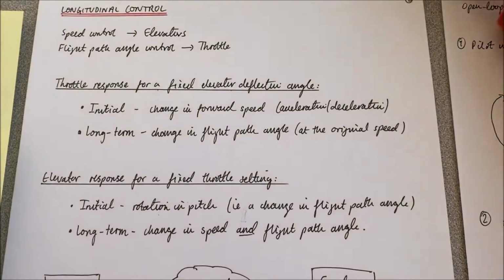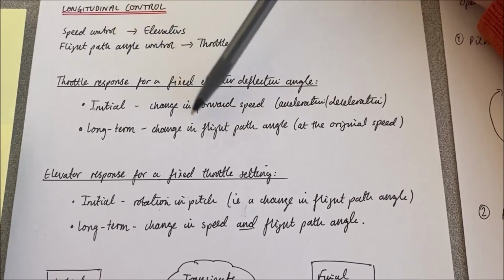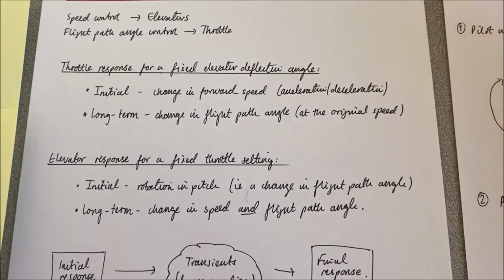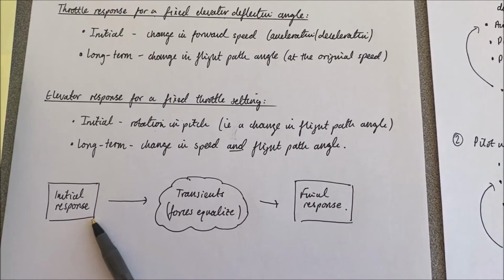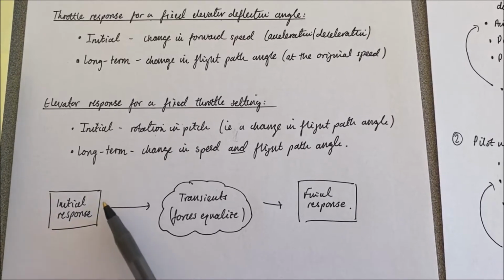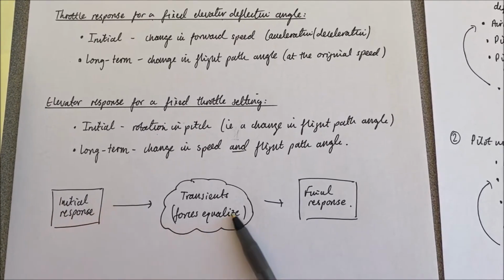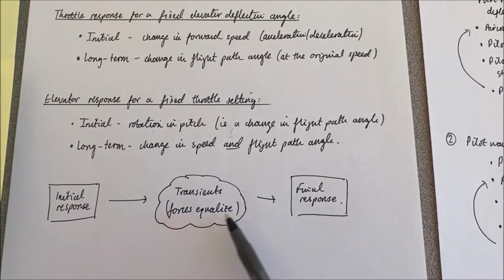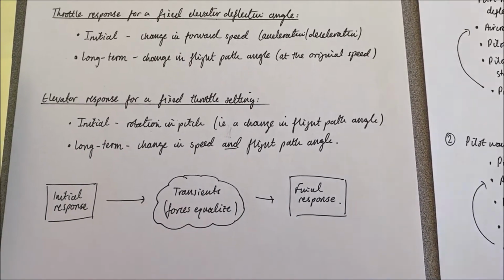So you can see here we have two control surfaces, two things we'd like to control, and how they're interlinked if we change one and leave the other one fixed, right? So the initial response stage is the aircraft's initial response to the control surface input. Then the forces are allowed to equalize within this transient period here, and then we get this final response once everything else has settled down.